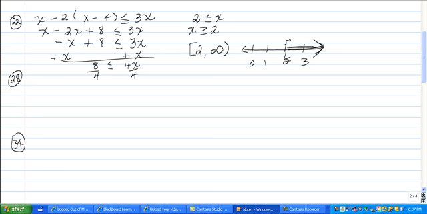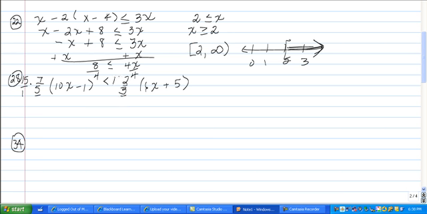Okay, number 28. Nice one with fractions. We have 7/5 times the quantity 10x minus 1 is less than 2/3 times the quantity 6x plus 5. Now what I'm going to do is clear the fractions out in front by multiplying by the lowest common denominator of the two fractions.